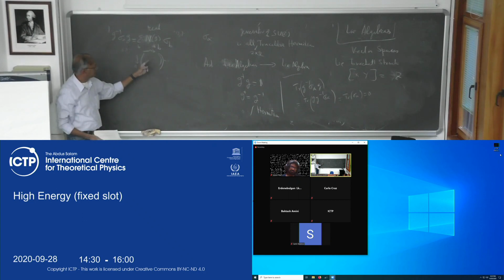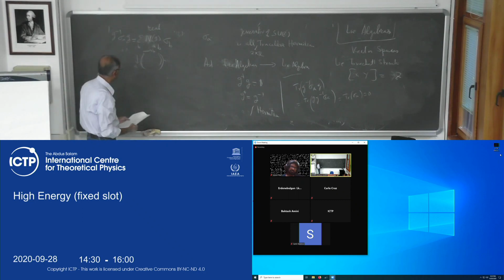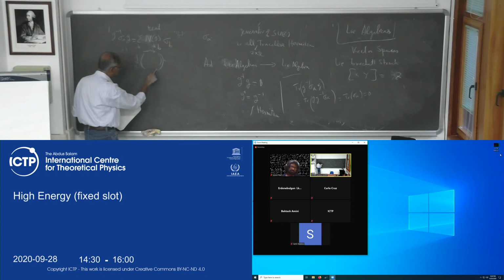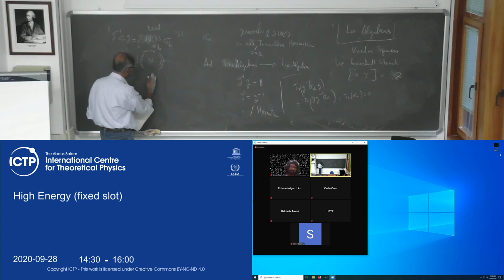But if you show that this is SO3, then the transpose will also be part of SO3, right? So that doesn't matter. Let's choose any one of them. So we want to show that this 3 by 3 matrix N here is an SO3 matrix.